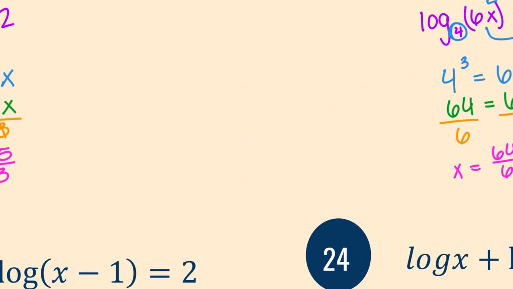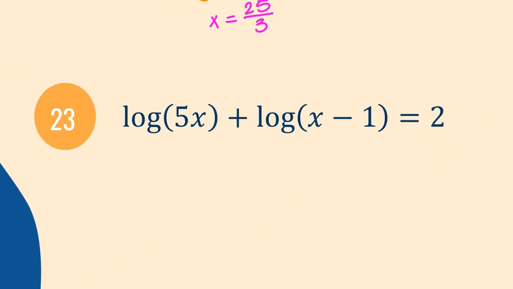All right, looking at the next one, let's go over to 23. I have to condense this. Because I have addition, I'm going to be using multiplication, writing it condensed. Keep in mind there is no base here, so I have a base of 10. I'm just going to write that base in.